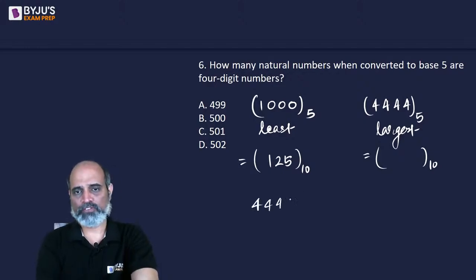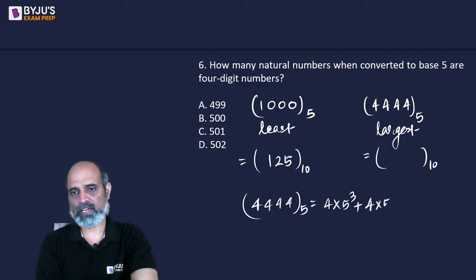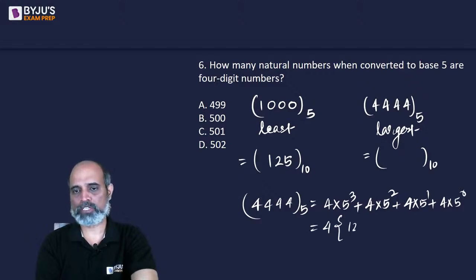Right? 4444 in base 5 is 4 into 5 cube plus 4 into 5 square plus 4 into 5 to the power 1 plus 4 into 5 to the power 0. So I can take out 4 common, and 5 cube is 125, 5 square is 25, 5 is 5, and 5 to the power 0 is 1. So this is going to be 156.